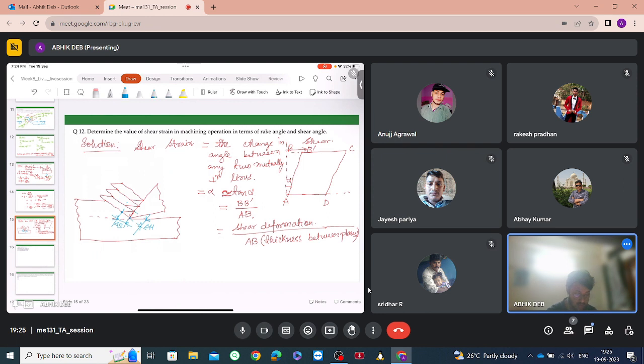Is it clear till now? If it is not clear, please ask, because if it is not clear now, then the rest of the derivation will be difficult.